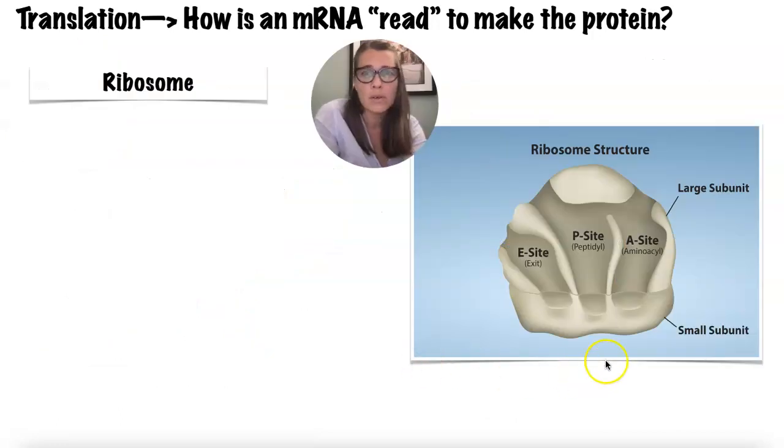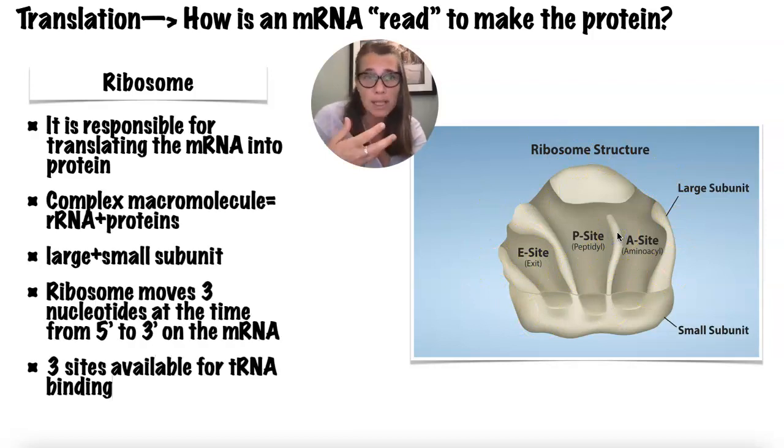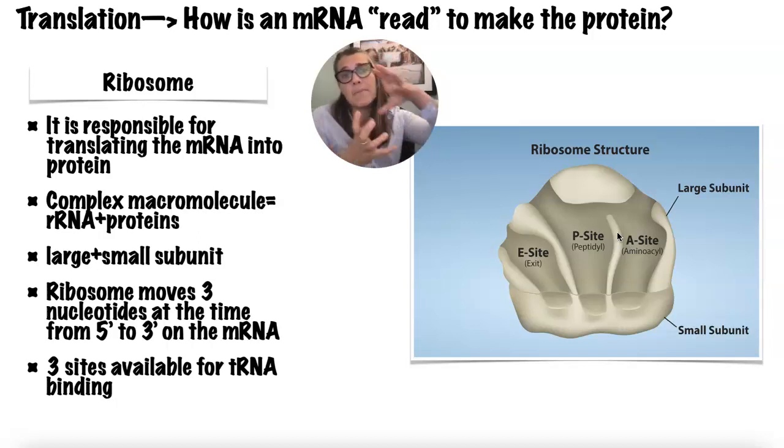So a ribosome is a big, complex molecule that is responsible for doing that translation. Really, the ribosome is the structure that goes and reads the mRNA codes and says, oh, I need that amino acid.